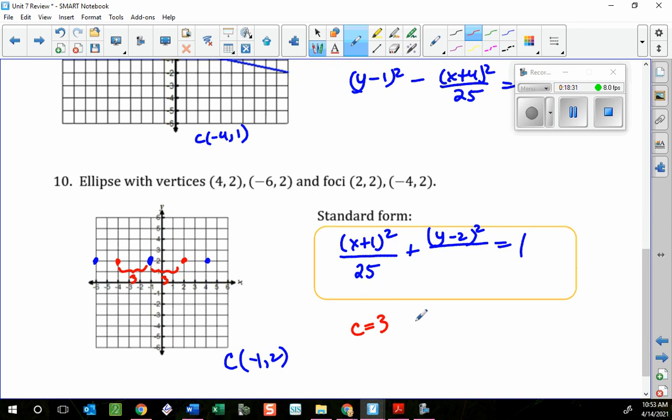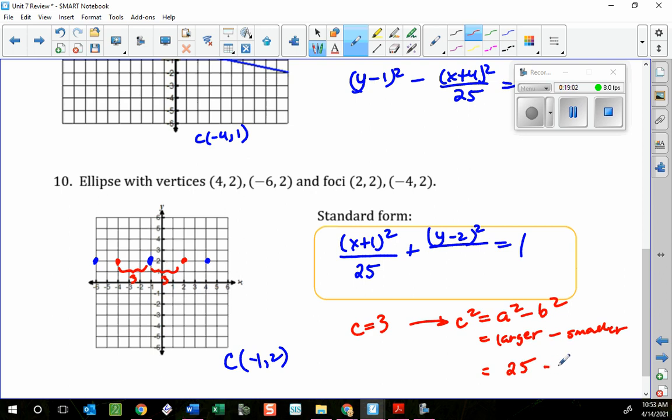Okay. And when we figure out, c squared equals a squared minus b squared. It's the larger number minus the smaller number. Now, since the foci are on the major axis, the major axis is the actual larger number. So that means that the larger number is going to be 25.